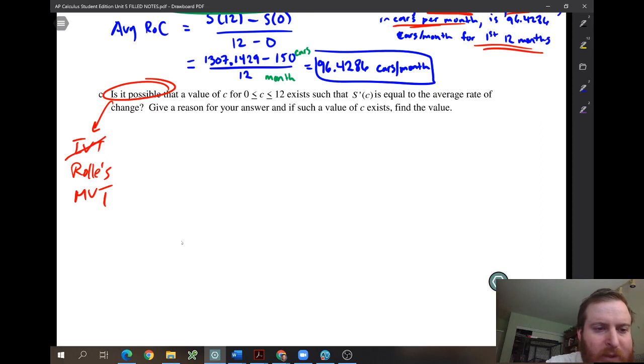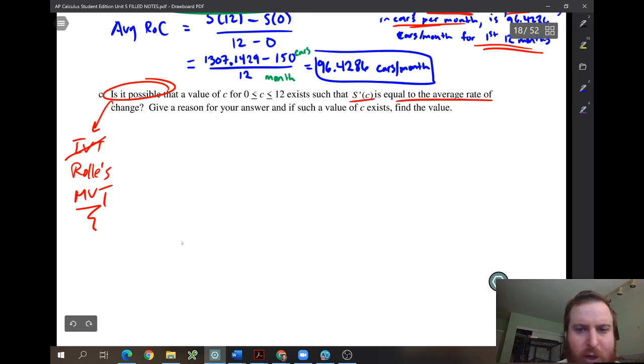So that's MVT, right? S prime of 0 would have been Rolle's. So the S prime of C, that's the instantaneous rate of change, is equal to the average rate of change. Give your reason and then find the value if it does exist. So if it does exist, they want us to then find it. So first, is it possible?